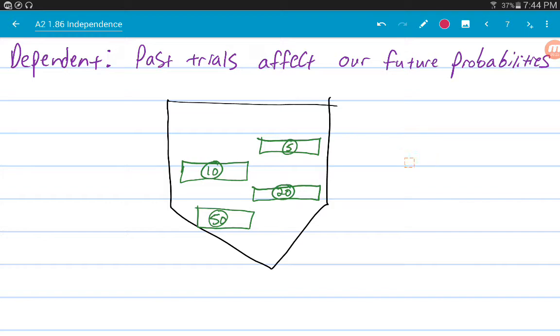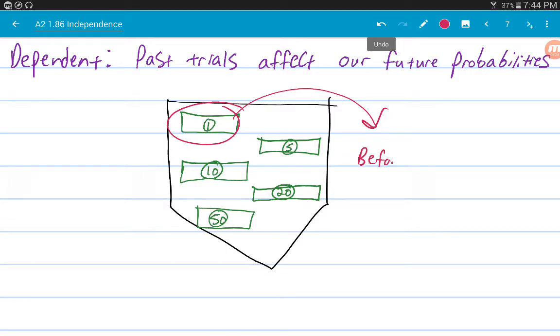Let's think about it like this as well. Let's say I take that 1 out. Before that 1 was removed, the chance of getting any of these was 1/5, 1/5, 1/5, 1/5, and 1/5. That's the chance of pulling out any individual one of those bills.